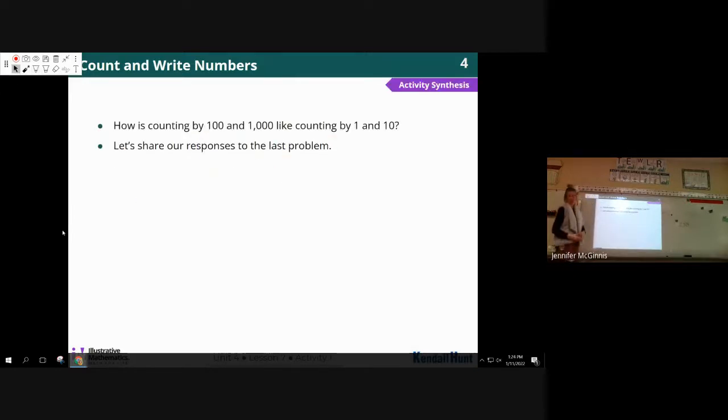How is counting by 100 and 1,000 sort of like counting by 1 and 10? How are these things similar? Raylan? Because 100 times 10 is 1,000.